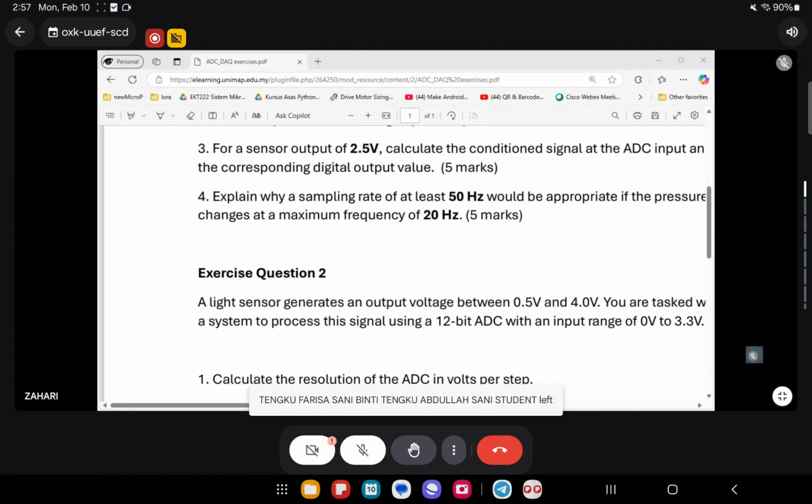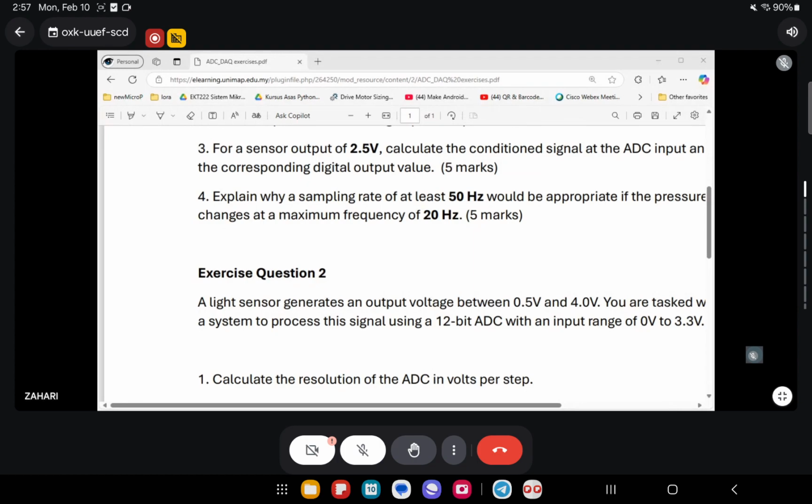What do you think the resolution will be? Is it smaller or is it greater? This one I think is small enough, 0.0008.